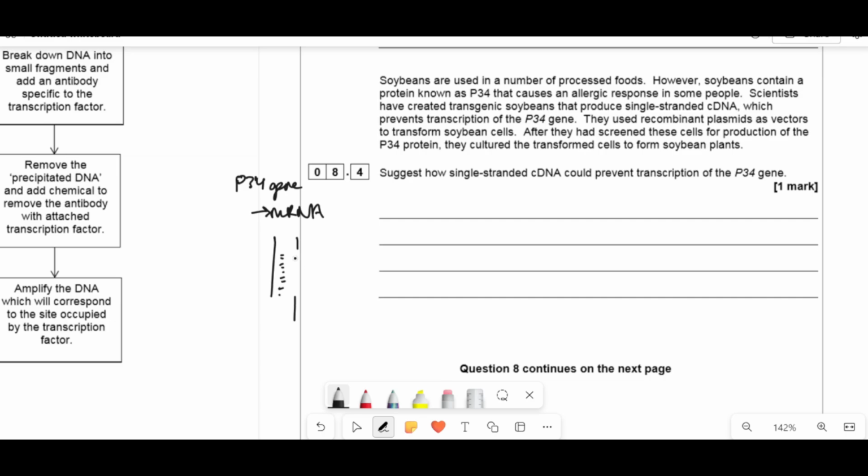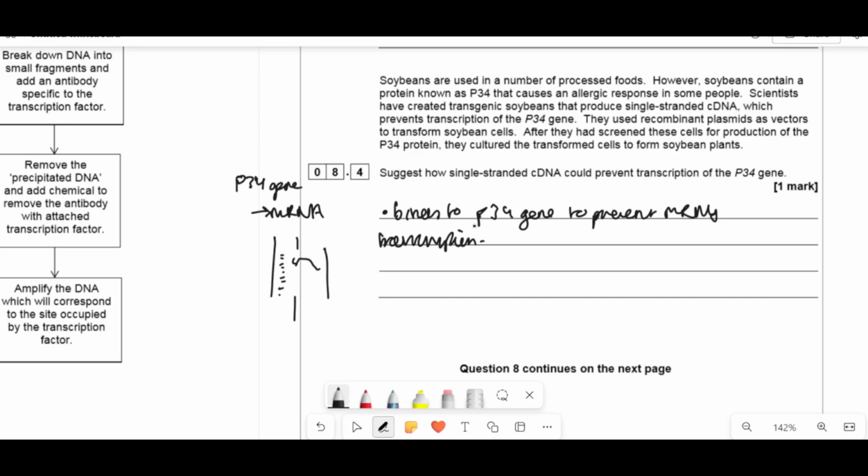Then your free-floating RNA nucleotides join together, RNA polymerase joins them, and then you've got your mRNA. The question's told you how this single-stranded DNA could stop this happening. So maybe at this exact point, the single-stranded DNA comes along and then forms complementary base pairs instead and stops it from happening. So that's exactly what it is: it binds to the P34 gene to prevent mRNA transcription.